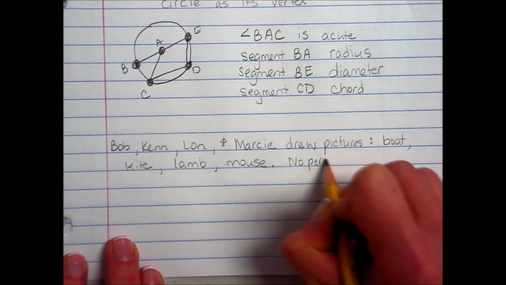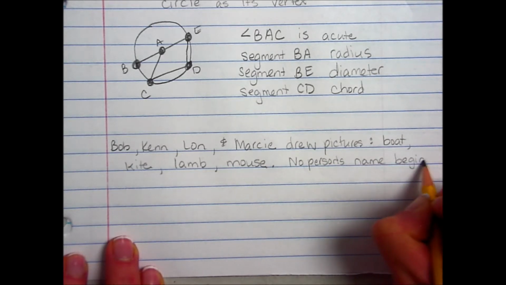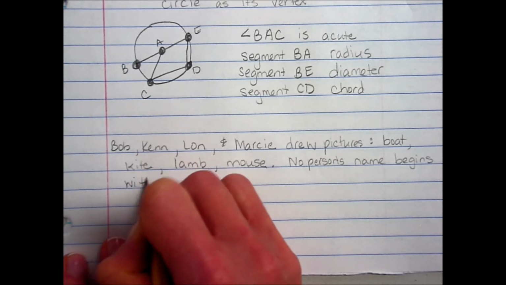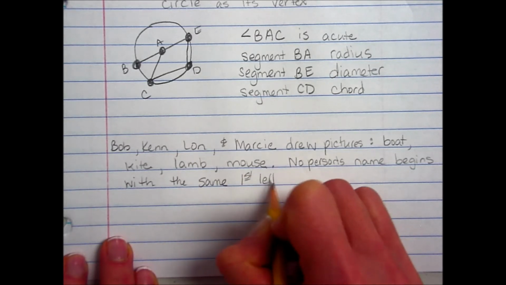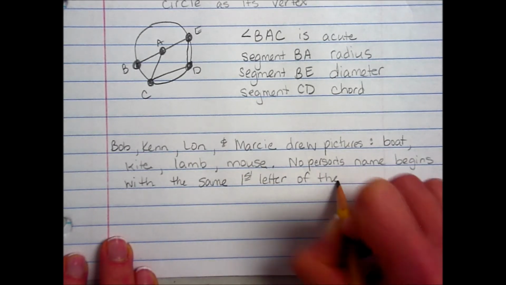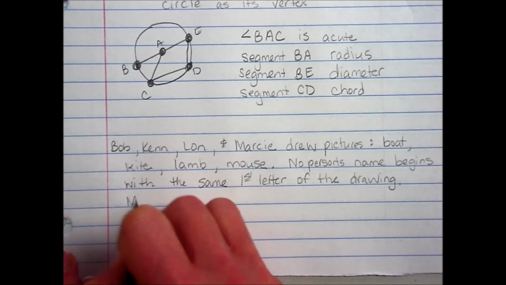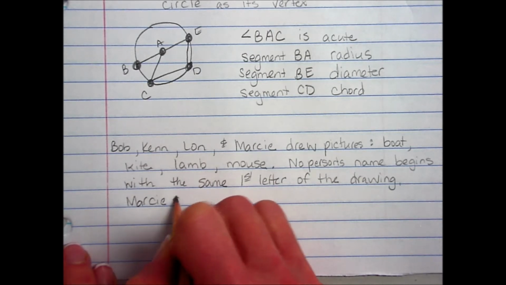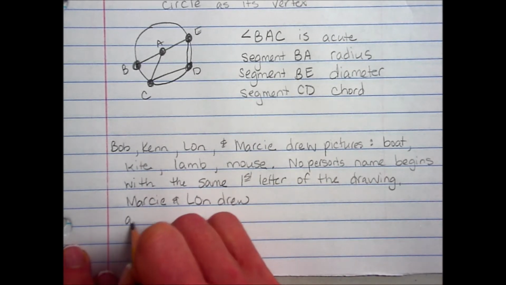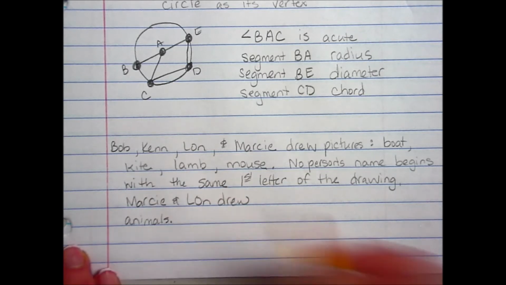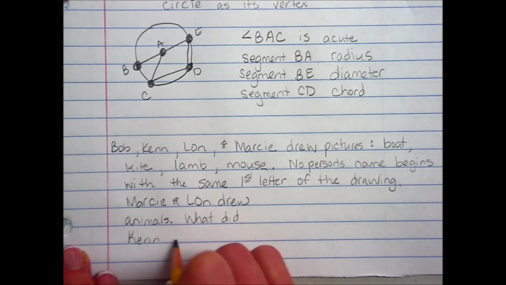No person's name begins with the same first letter of the drawing. They also tell us that Marcy and Lon drew animals. And the question is, what did Ken draw?